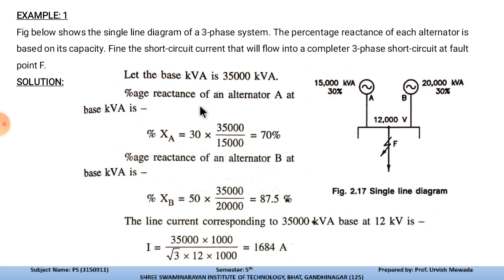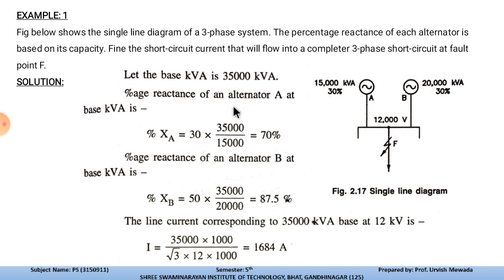As we already discussed, the equation for the percentage reactance of the alternator is the given reactance, that is 30%, multiplied by the base kVA, 35,000, divided by the kVA rating of the particular unit whose reactance we are finding. The 15,000 kVA is of generator A, so XA is equal to 70%.